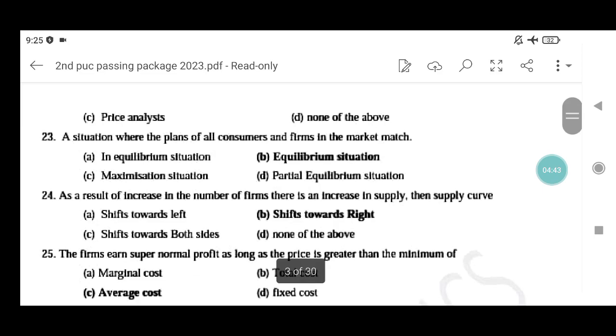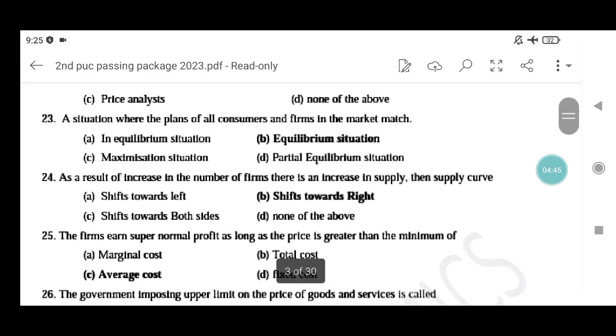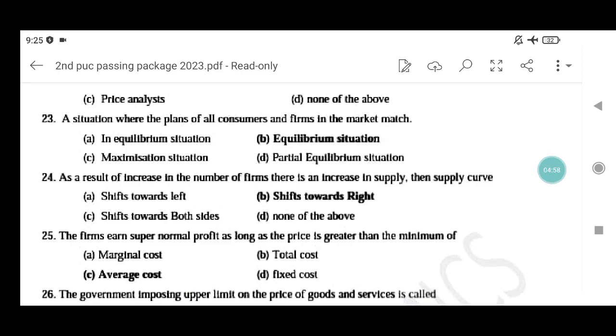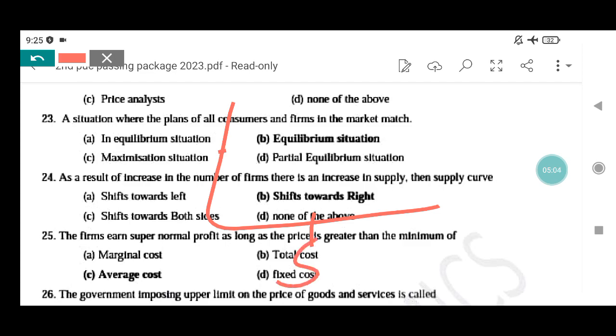Next one is, as a result of an increase in the number of firms, there is an increase in supply. Then the supply curve shifts rightwards. Suppose, for example, the number of firms is increased from 5 to 6, then the output is also increased, supply is also increased.